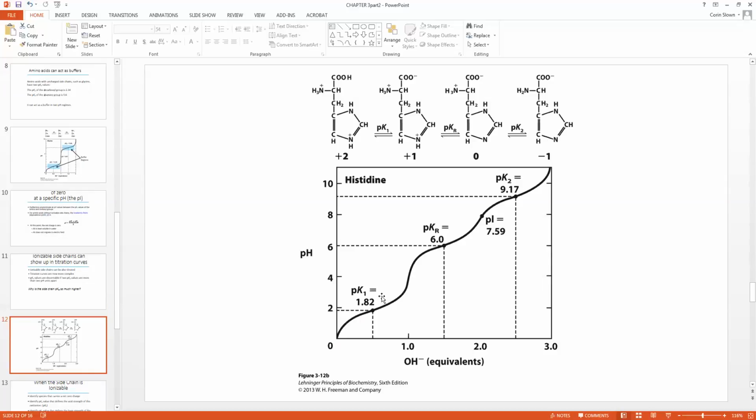Now, if you take a look at these respective pKa's, I have a pKa of 1.82, pKa of 6.0, and a pKa of 9.17. Now, where is the isoelectric point? Where is my Zwitter where the charges sum to 0? Well, its pI, or the isoelectric point, is at 7.59.